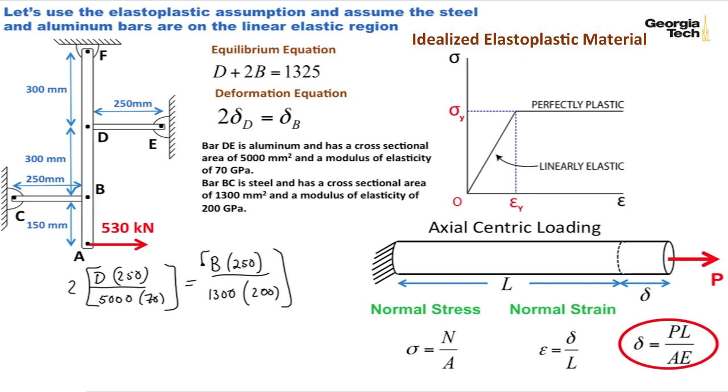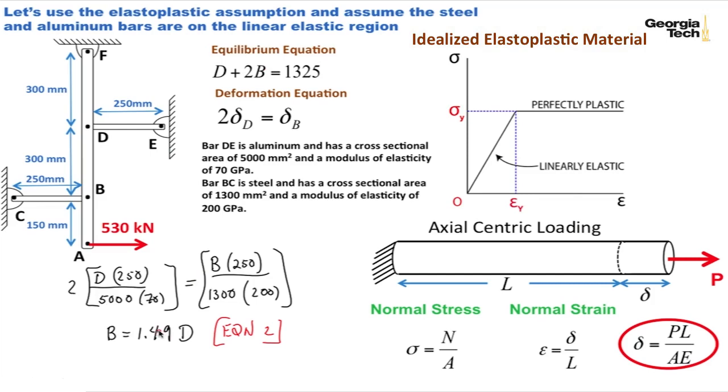And if we go ahead and solve then for B and D, we end up with B equaling 1.49D. And this is going to be equation 2.